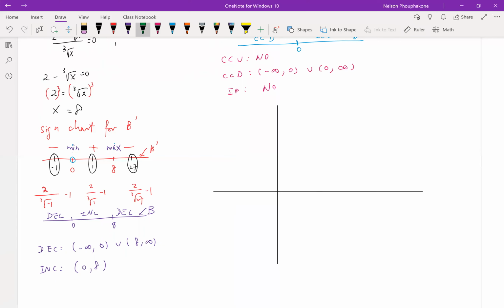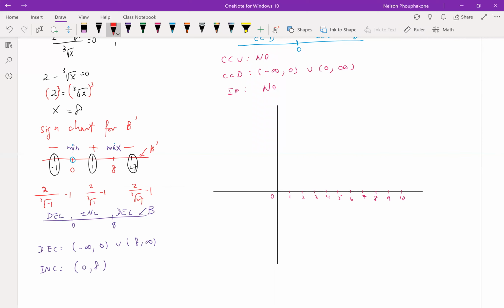So we're going to have 0, 1, 2, 3, 4, 5, 6, 7, 8, 9, and 10. What I'm going to do is work with the first derivative.